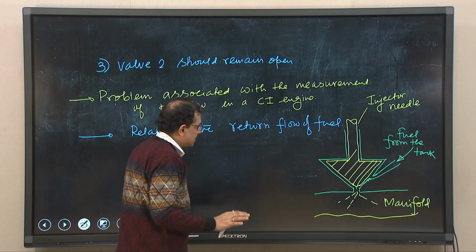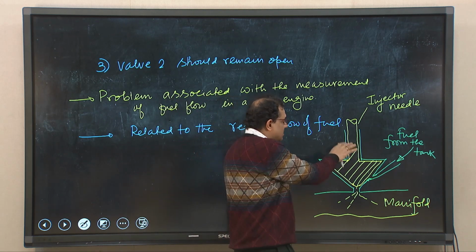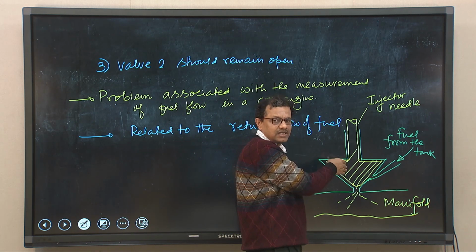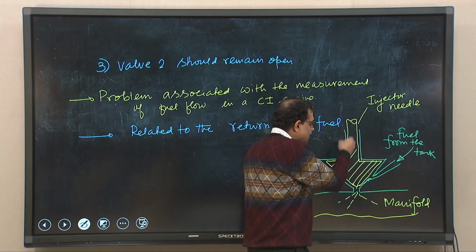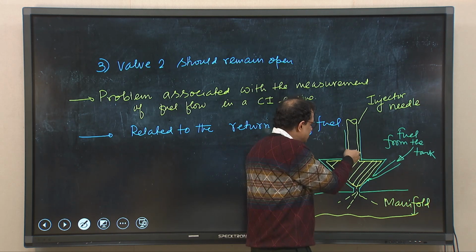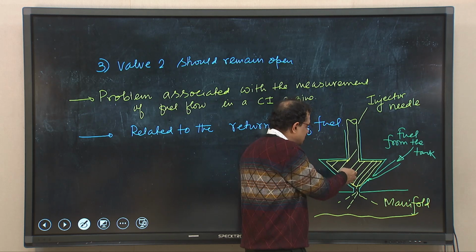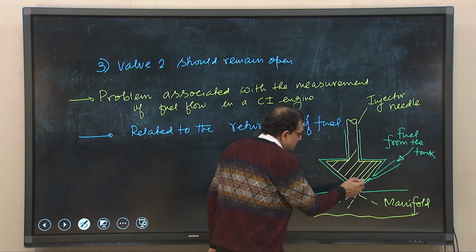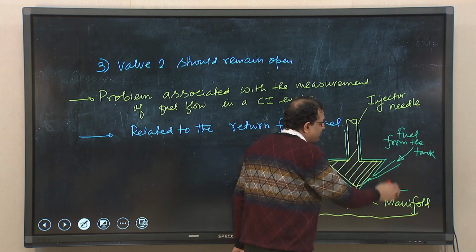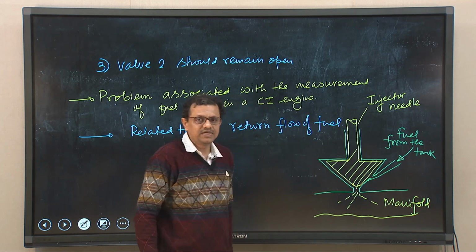Now, as I said, this is a spring loaded needle. So, the natural tendency of the needle is to remain seated over here. So, it will again come down, and when the needle is coming here, it is sitting on the guideways. Then the fuel that will return from the fuel tank must be taken into account.